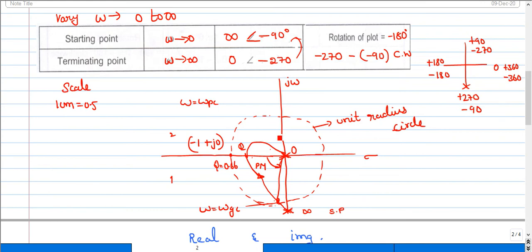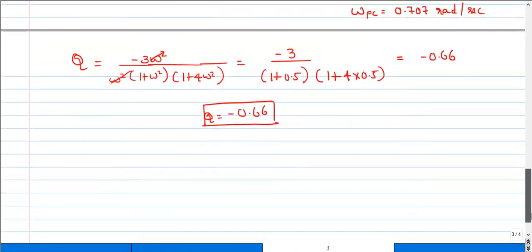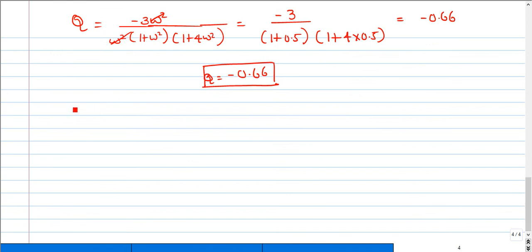Let us identify both gain margin and phase margin using the formula. So gain margin is given by, I am writing in decibel, 20 log to the base 10, 1 by the length OQ.